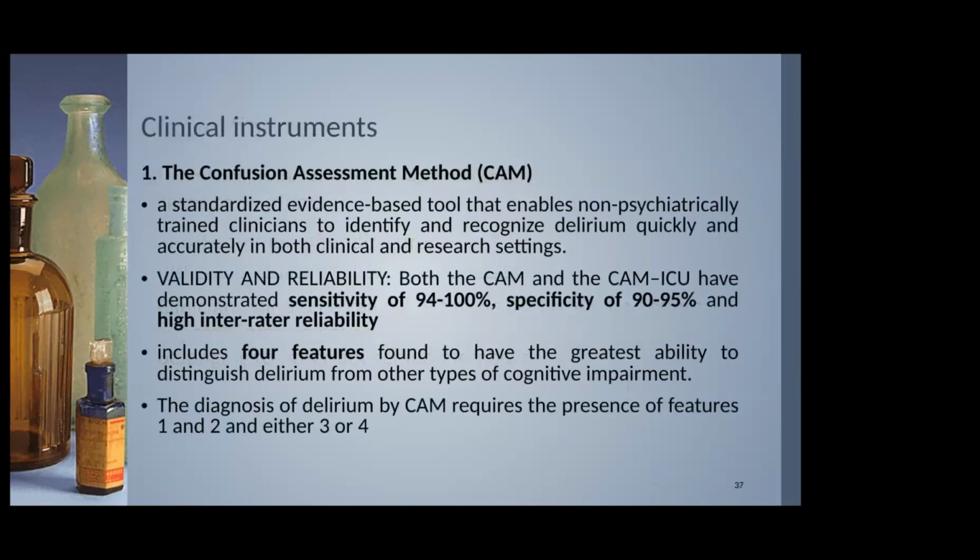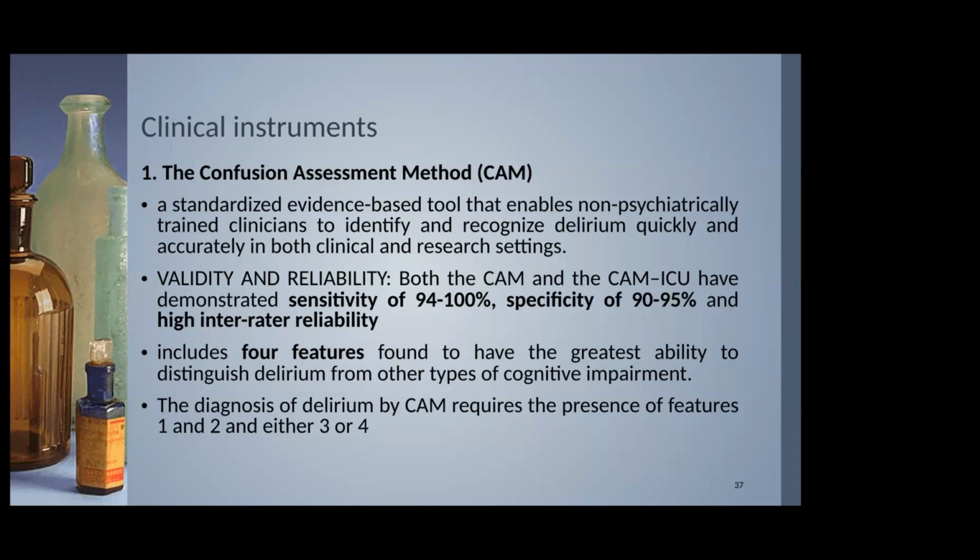When I come to the clinical instruments used for screening delirium, the best and most practical one is the Confusion Assessment Method tool. This is a standardized, evidence-based tool that enables especially non-psychiatrically trained clinicians to identify and recognize delirium quickly and accurately in both clinical and research settings.